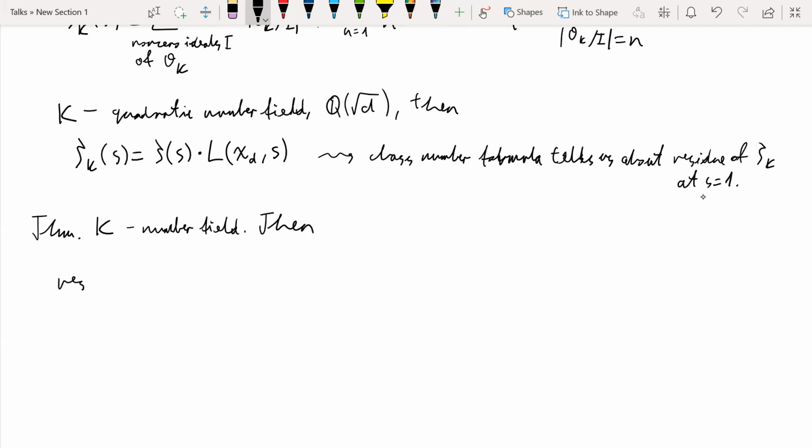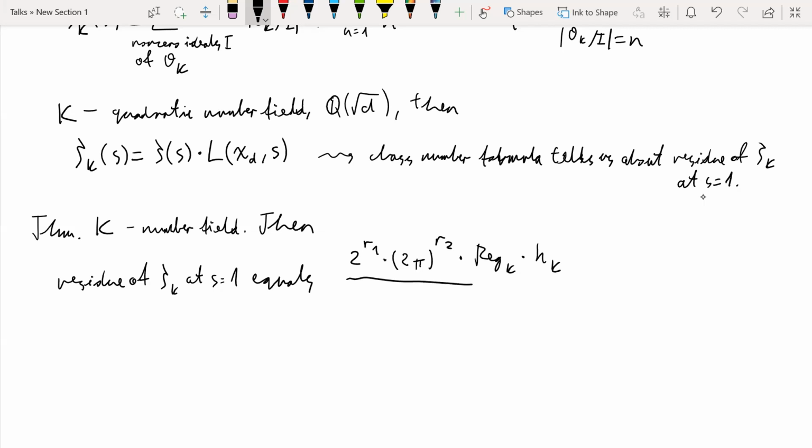Then the residue of zeta K at s equal to 1 equals this very funny quantity, which is 2 to the power of r1 times 2 pi to the power of r2 times Reg of K times h of K divided by w of K times square root of D K.